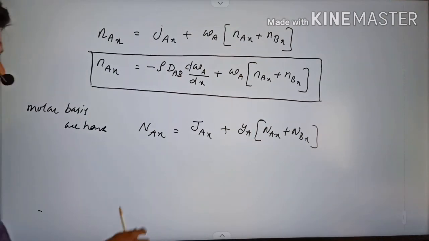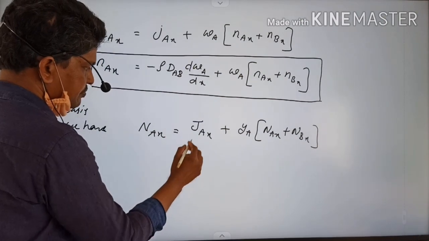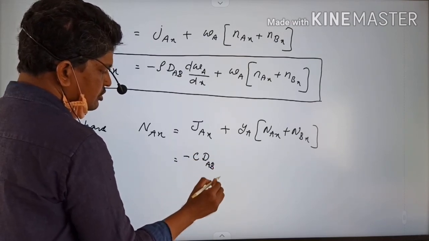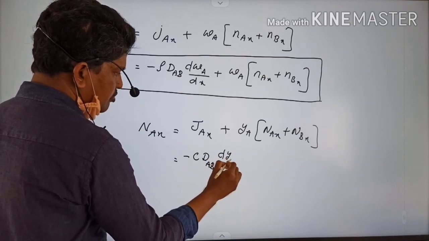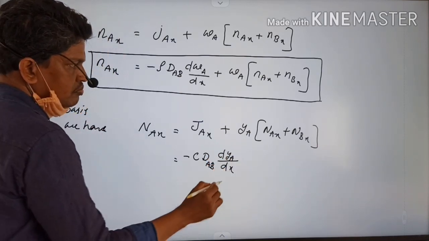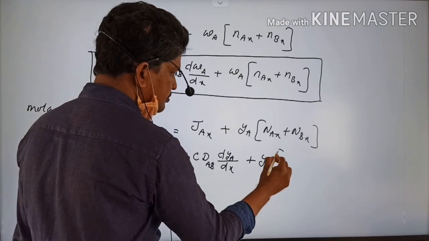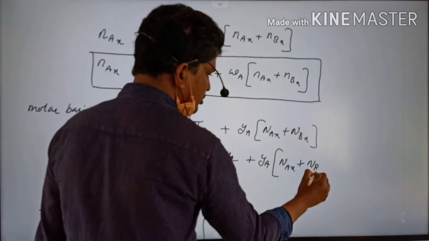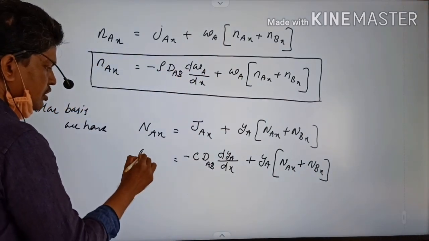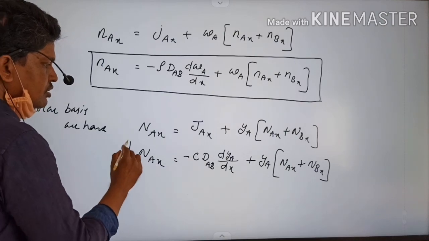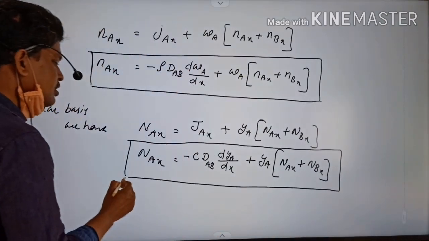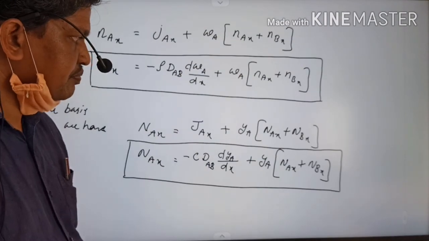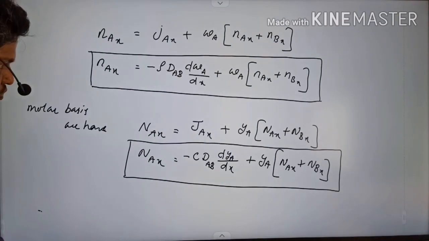You can substitute the value of Jx, which is equal to minus C DAB into dYA by dx, plus YA into NAx plus NBx. This is another form of Fick's law equation. So these are the different forms of Fick's law equation.